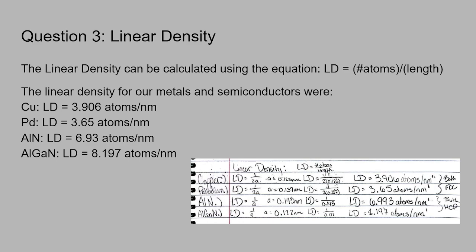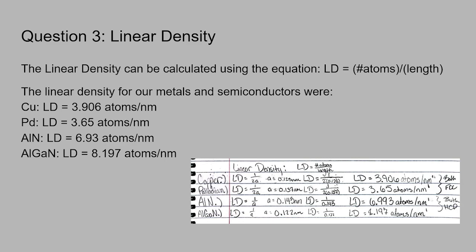The second part of question 3 was to calculate the linear density and planar density of our atoms in our metal A, metal B, and our semiconductors A and B. The linear density can be calculated using the equation LD is equal to the number of atoms divided by the length.